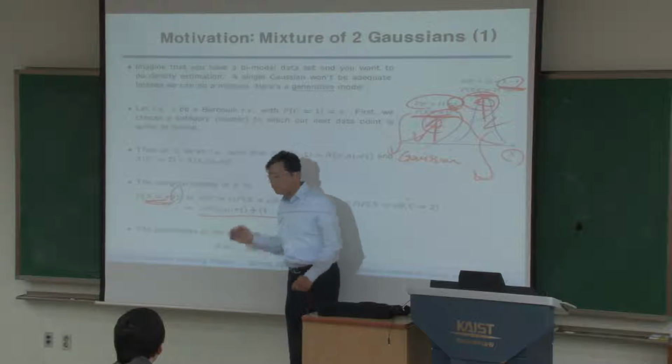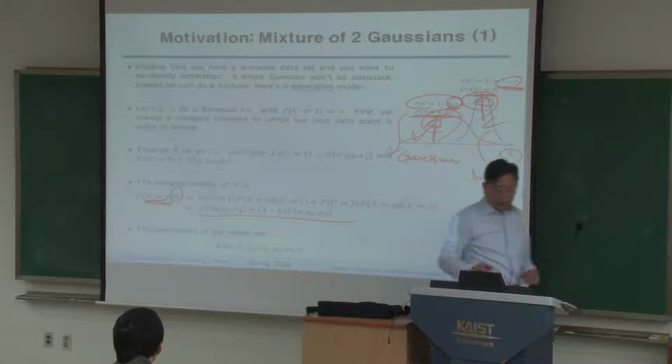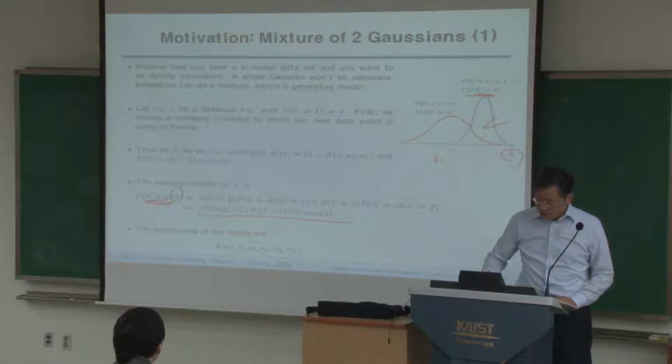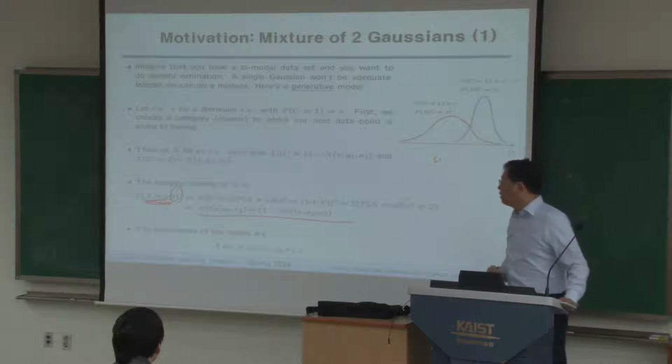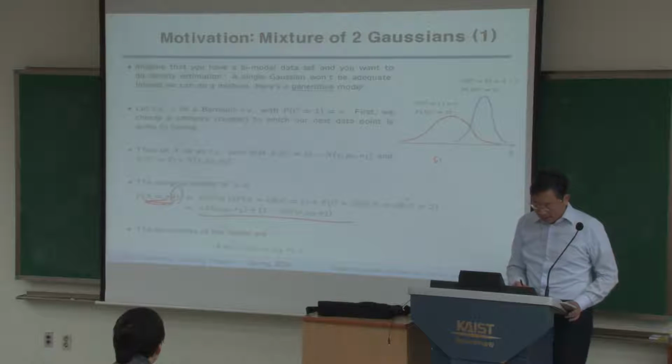Okay? And so this is a one-dimensional representation of that. And this is sort of mathematical. Pi stands for probability of being class 1 or the red one. 1 minus pi will be choosing the blue one.